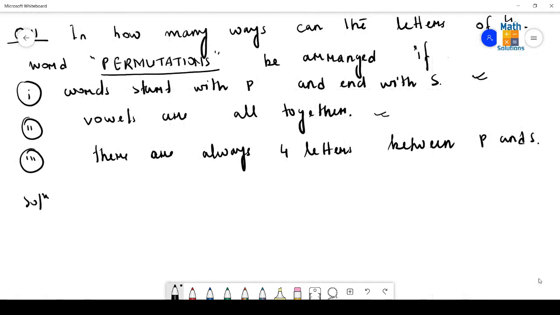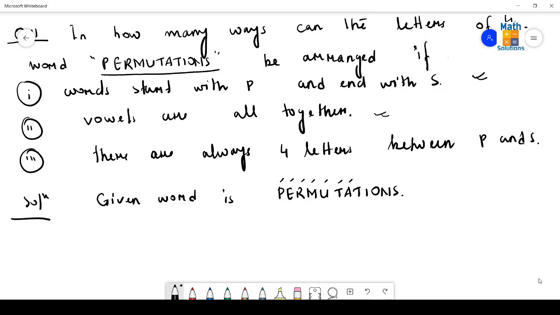Proceeding with the solution. The given word is PERMUTATIONS. Let us first count the letters. How many letters are here? 1 2 3 4 5 6 7 8 9 10 11 12. There are 12 letters we find here.